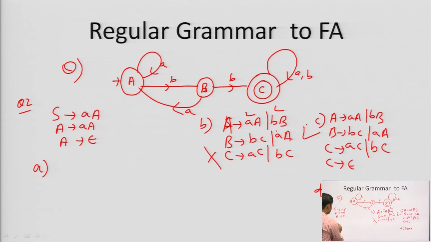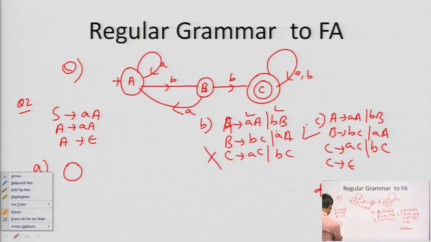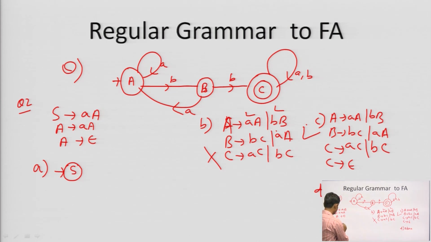Option A: this is S, S is the initial state, then we have S to A, this is A, and again A to A. So, this is one diagram.